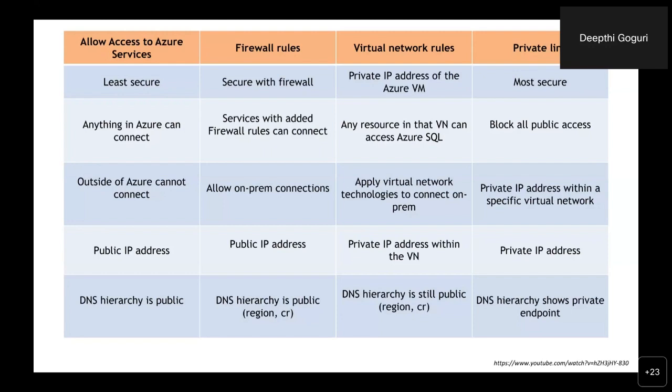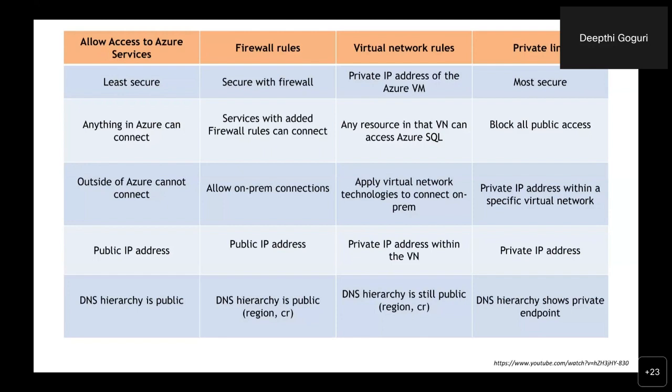In the same way, for any service that wants to connect to your Azure SQL database, we can also add manual firewall rules on each of the services trying to connect to your database. It's the general way, like the regular firewall rules that you create on your on-prem servers. But here you can also allow your on-prem servers to connect to your Azure.